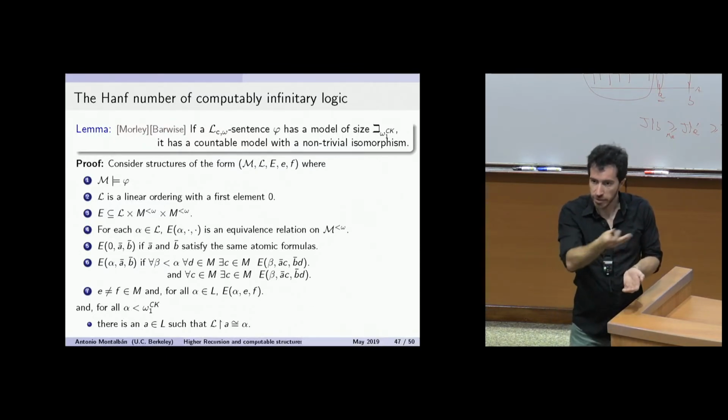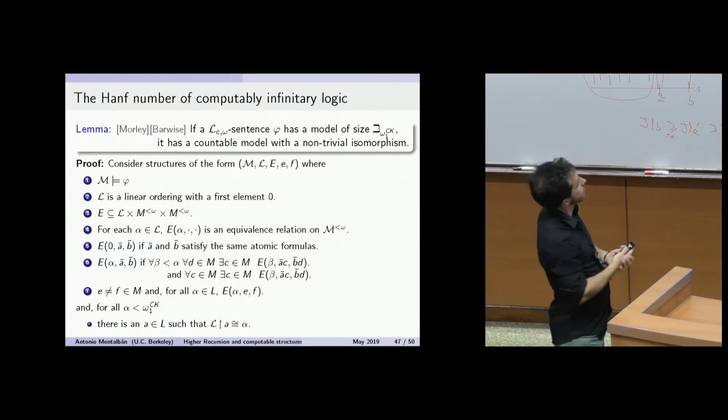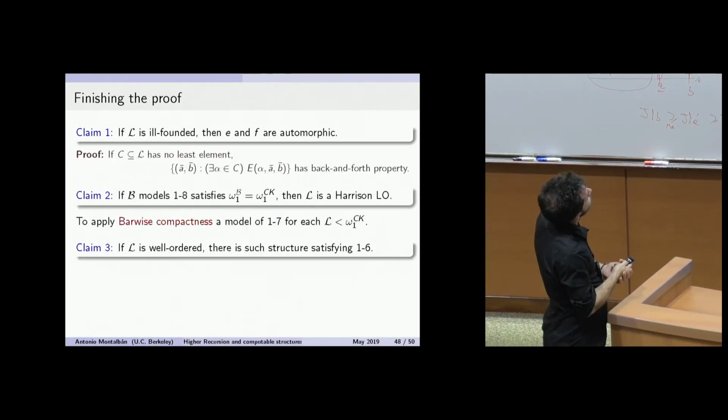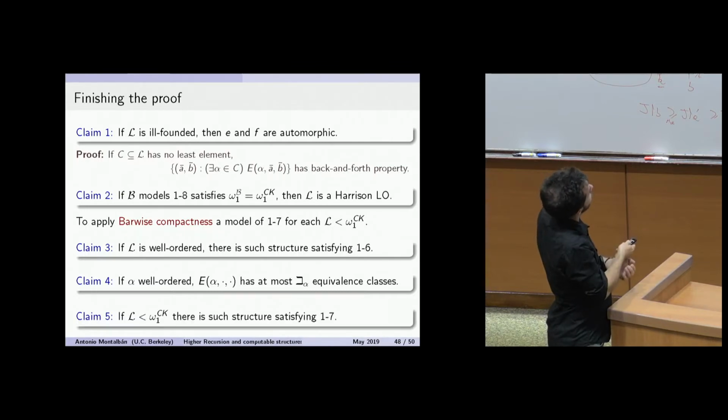You're taking subsets at each level, so the number of equivalence classes is at most Beth alpha.